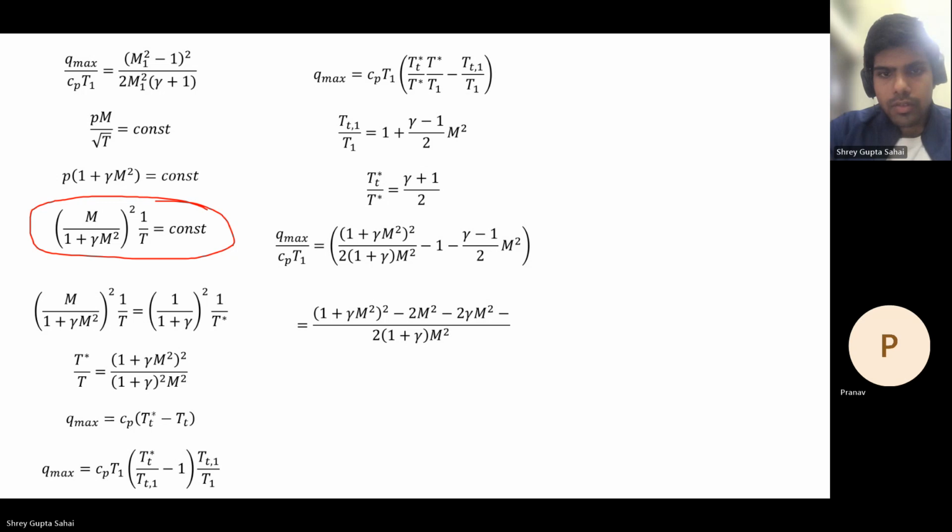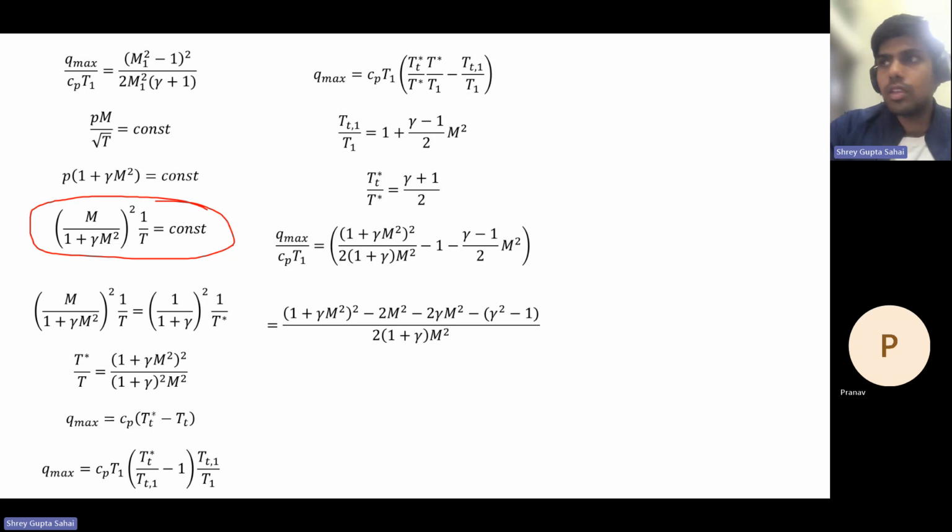Then this will become gamma minus 1, gamma square minus 1, because this gamma plus 1 will multiply with this gamma minus 1. So you get gamma minus 1, gamma square minus 1. And you have Mach square, so Mach to the power 4. Mach number to the power 4. And that's it, right? Just a simple expansion.